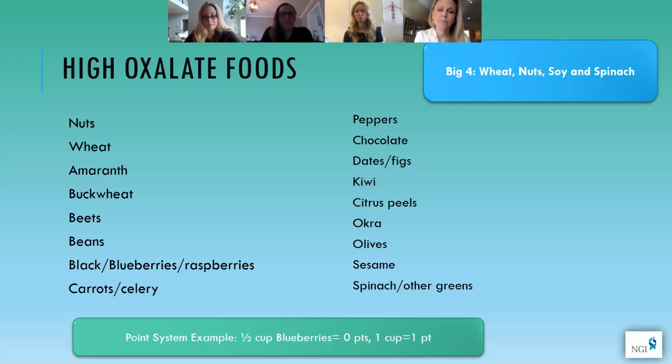Maybe they've even gone to their nephrologist or urologist, and they put themselves on a low oxalate diet. They may go to one website, or Harvard may say one thing and Mayo may say another, in terms of what a low oxalate diet actually is.